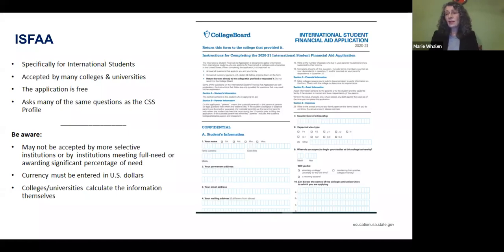So if you are a US citizen, or say a dual US and Indian citizen, or dual US citizen and passport holder of another country, you will always be considered a US citizen, and you must apply for admission and financial aid as a US citizen.